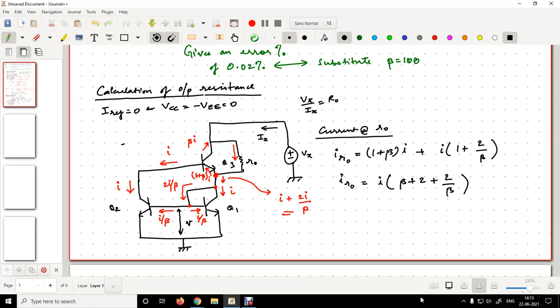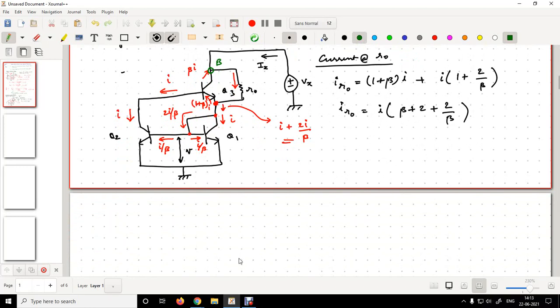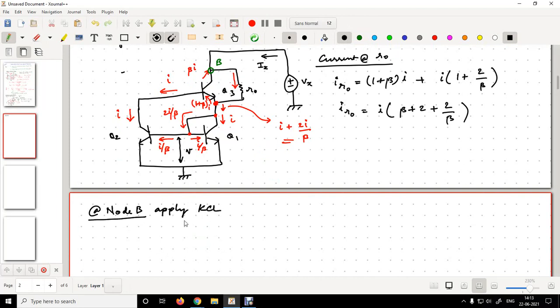If I designate this node as B, now at node B, apply KCL.